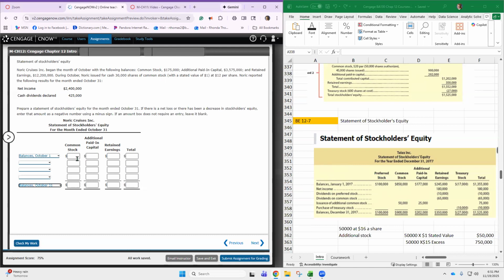Starting in the month of October, they began the month with 175,000 in common stock. The additional paid in capital is 3,575,000. Retained earnings is 12,200,000.